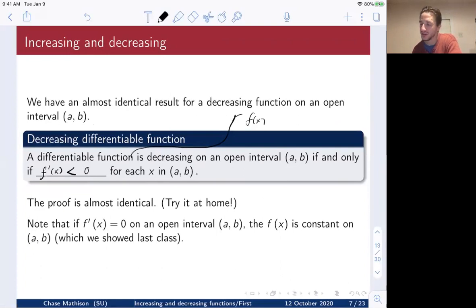Okay, and the proof is almost identical, and I would encourage you to actually try it on your own. You essentially just need to change the direction of a few inequality signs, but it's good practice to try and prove this on your own.